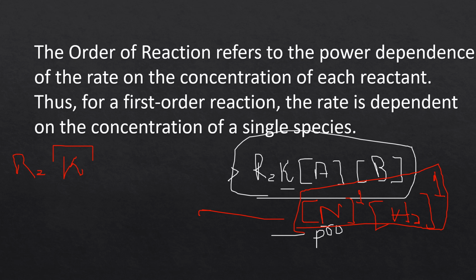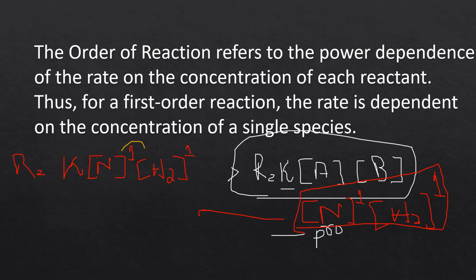It cannot be predicted theoretically because we are studying here chemical kinetics, which is basically based on the practical. Apart from that, we place the concentration of N with its power 1, and the concentration of H2, hydrogen, with its power also 1.